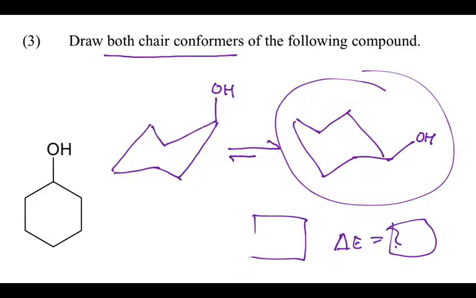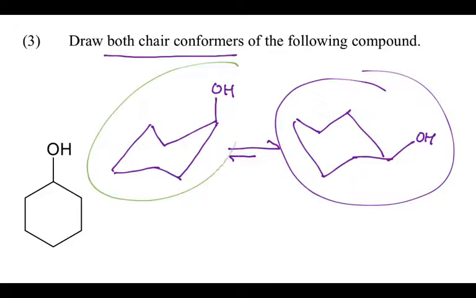Let's take off the boxes, get some space. So we look at this conformation. Essentially what happens is the conformation with the OH group axial is destabilized by gauche interactions.